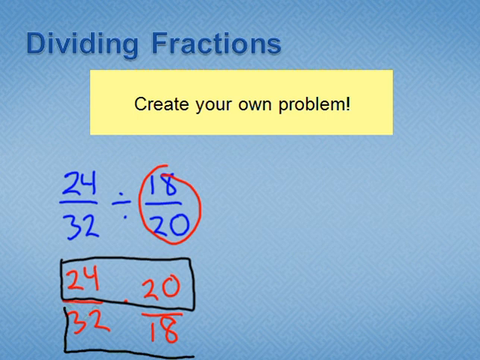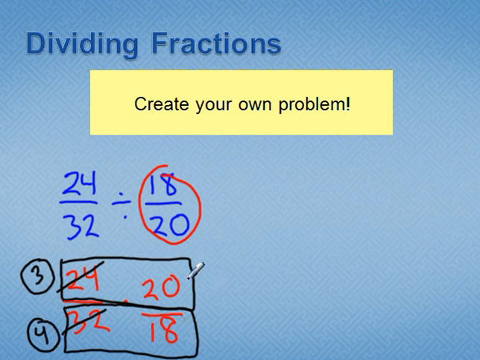So let's see. Is there anything up here that could be reduced by anything down here? And I see some stuff here. Between 24 and 32, the largest number that goes into both, I think, is 8. 8 goes into 24 3 times, and it goes into 32 also. So let's divide these each by 8. 24 divided by 8 is 3, and 32 divided by 8 is 4. That was a good reducing step.